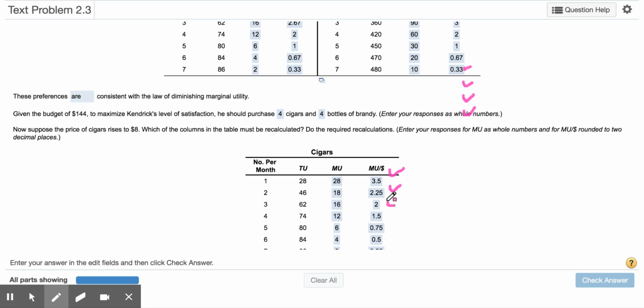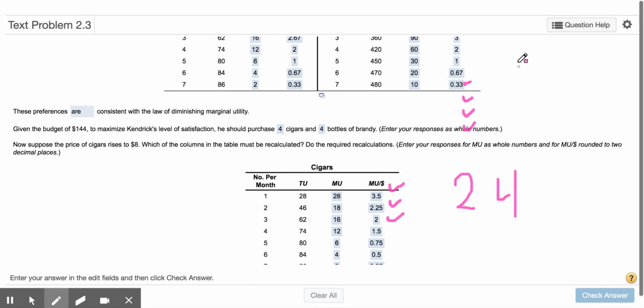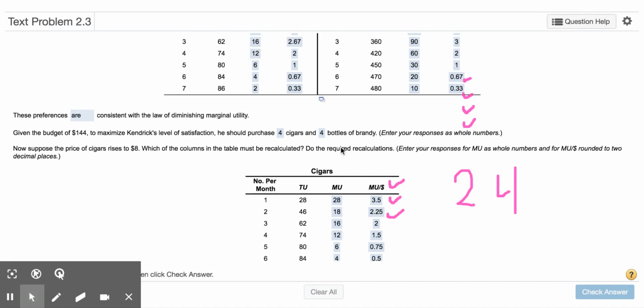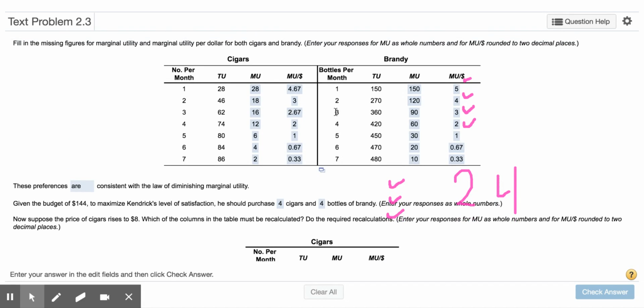So it looks like we exhausted the budget. So over here, 3 units of cigars would cost us 3 multiplied by 8. That's 24. And we so far spent 120, which is 4 multiplied by 30 on brandy. And that would cost $120.